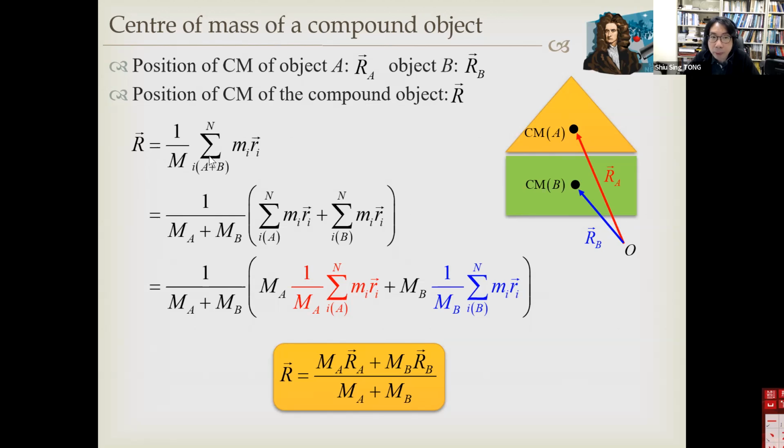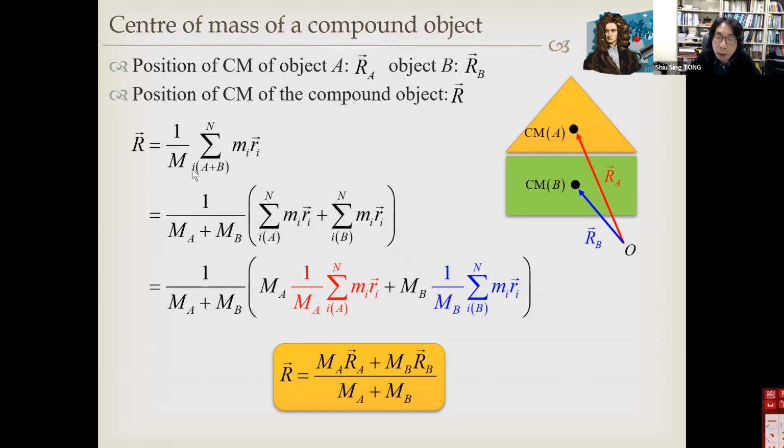So the formula tells me that we have to form a sum of all mi multiplied by the position vector ri, divided by the total mass of the system. Now the i here denotes the individual small masses in this two-object system, right?